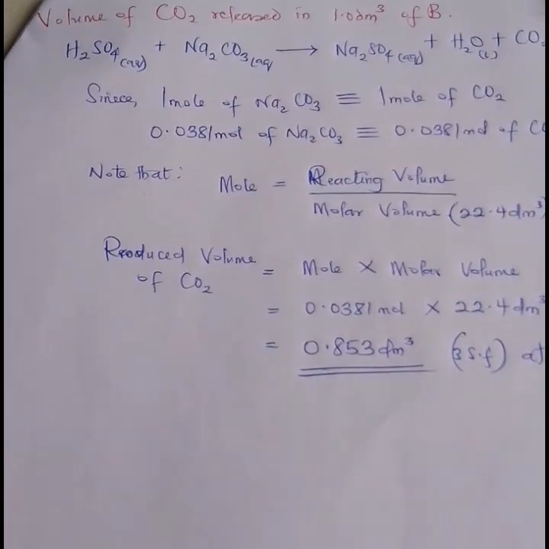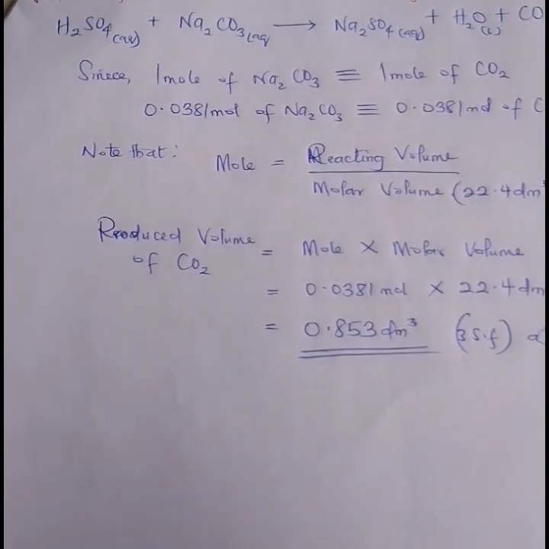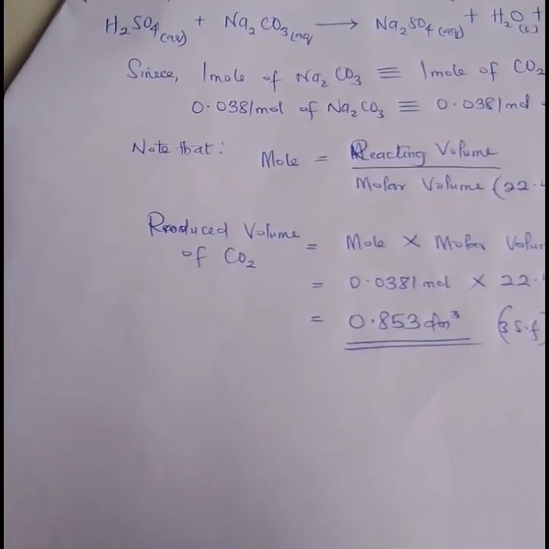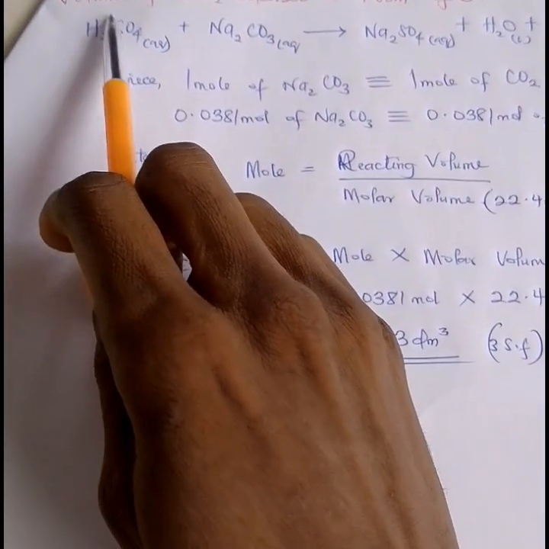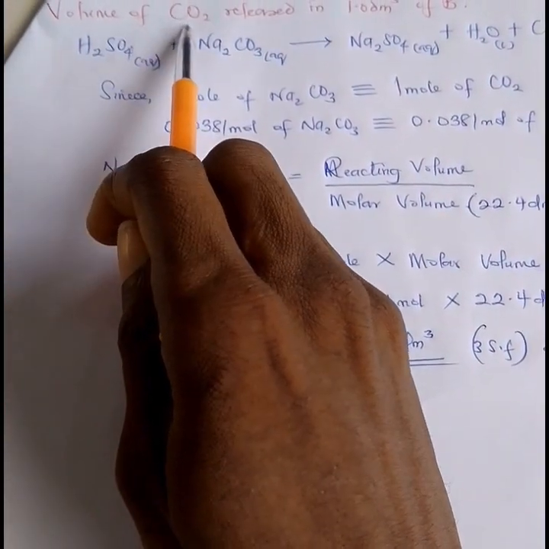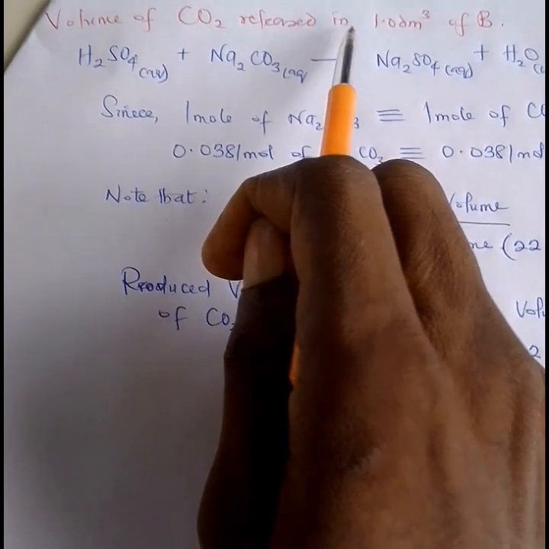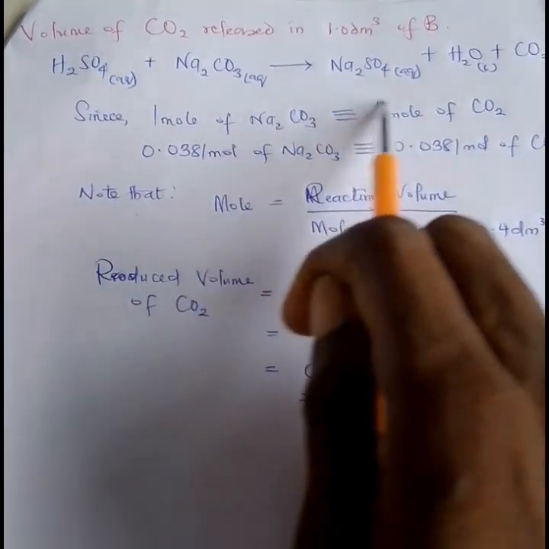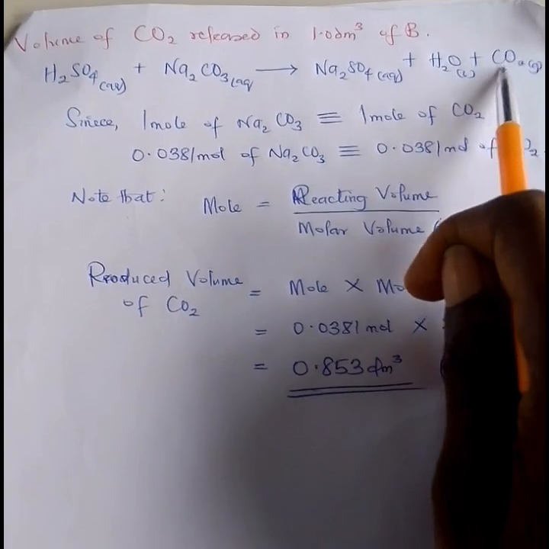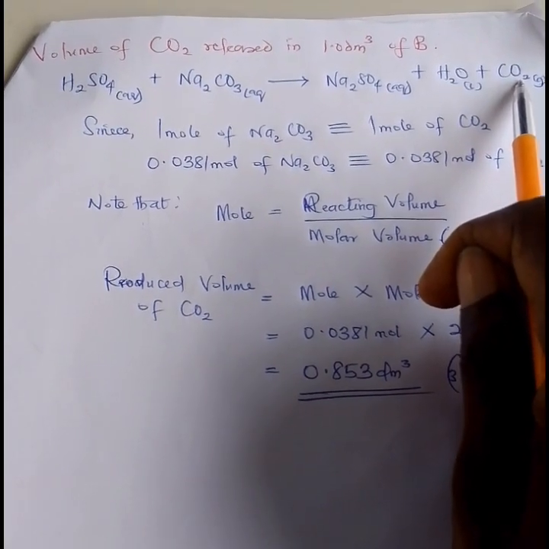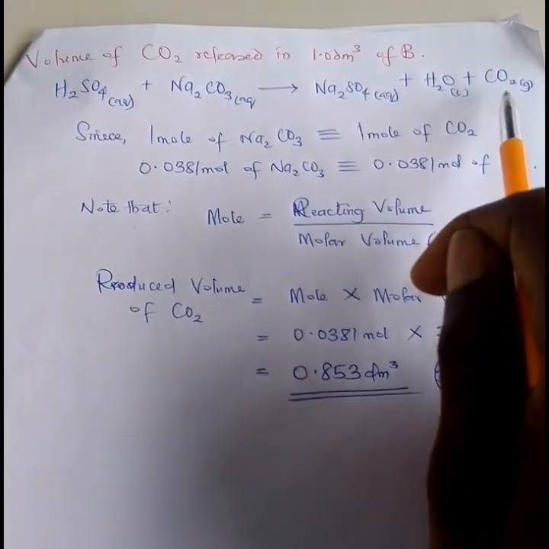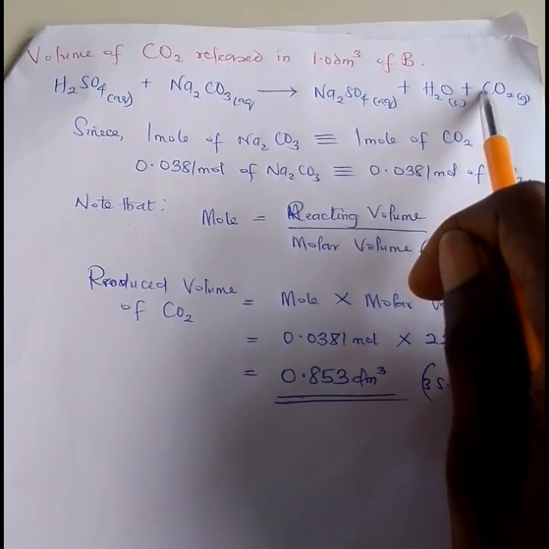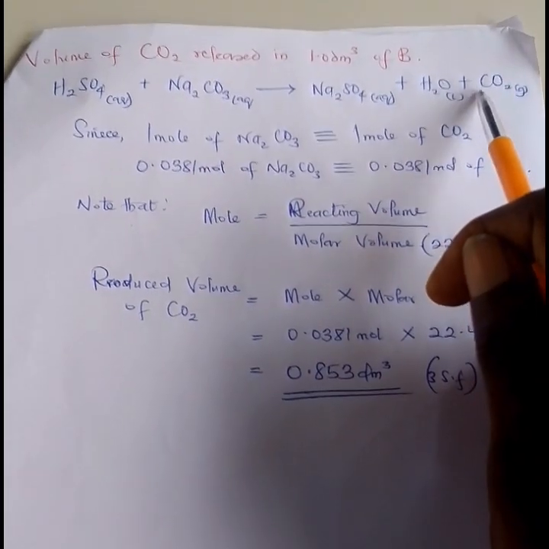Coming to the last question on quantitative analysis for NECO 2024, it says we should calculate the volume of CO2 released in 1 dm cube of B. Don't forget that when the reaction happened, we had a release of carbon dioxide as a gas. Now we are to calculate the volume of this gas that was released, that evolved.